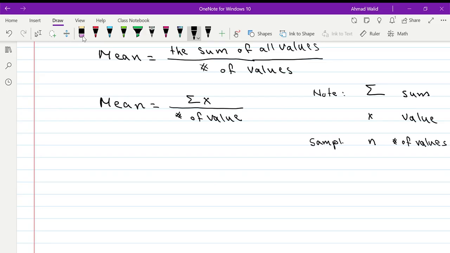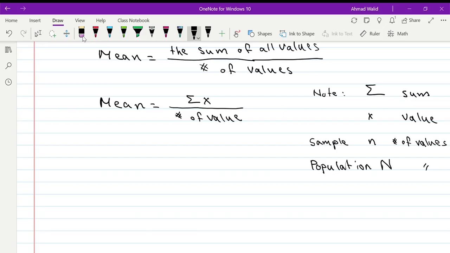If you want to find the mean of a population, then use capital N. Capital N means number of values.